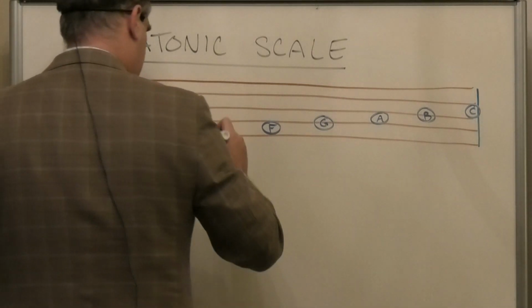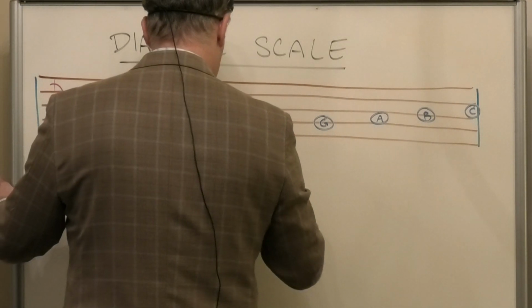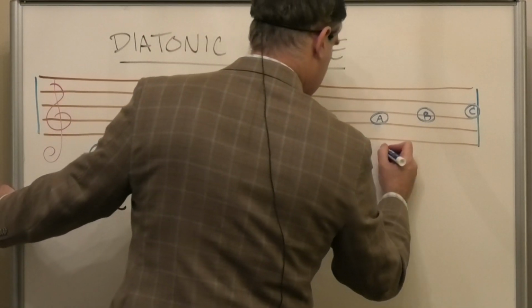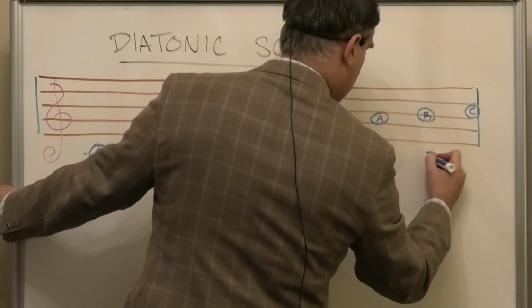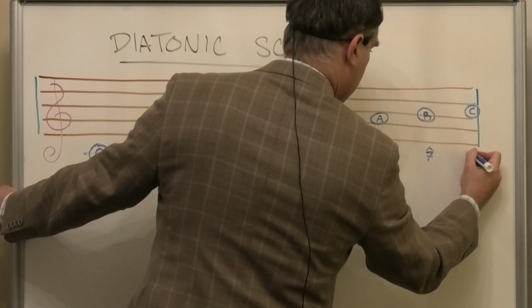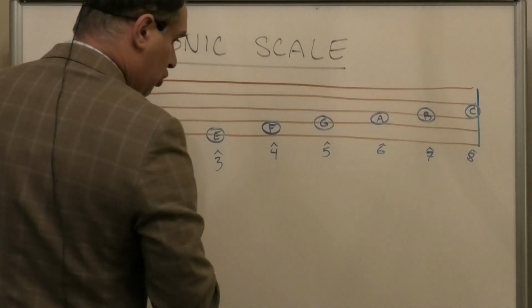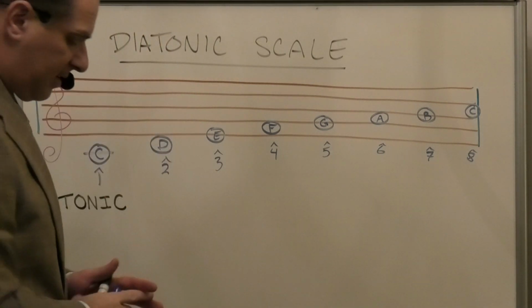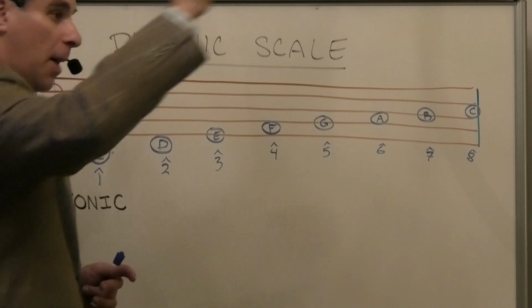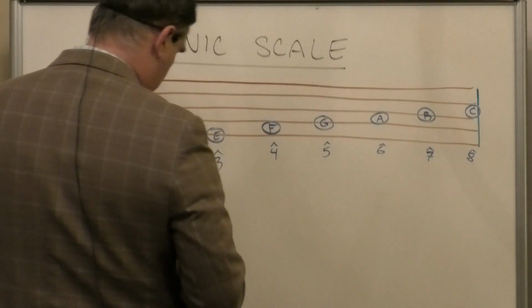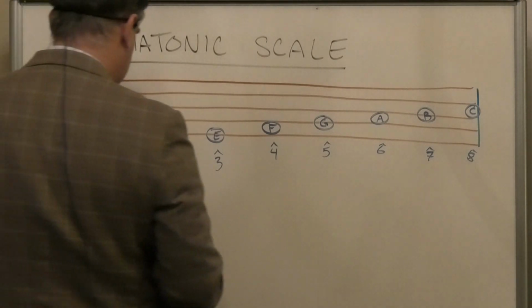The name of the second scale degree is supertonic, because super means above. That's why Superman flies above the people. If you're a super child in school, you're above everybody else in the class.